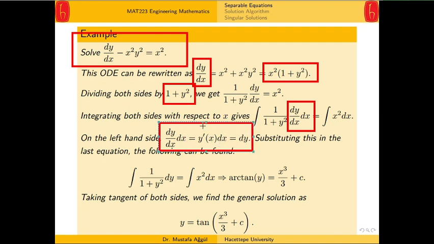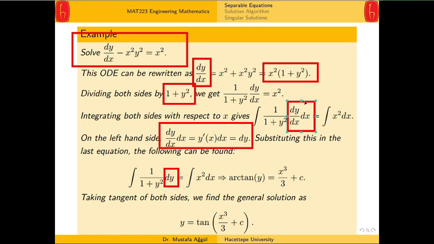Okay, so if you remember this term from integration with substitution, this was really dy, right? So the x derivative of y times dx is equal to dy. This is something you can remember from your calculus class. And then substituting this term, dy dx dx, in the integration, we will see this is basically dy.